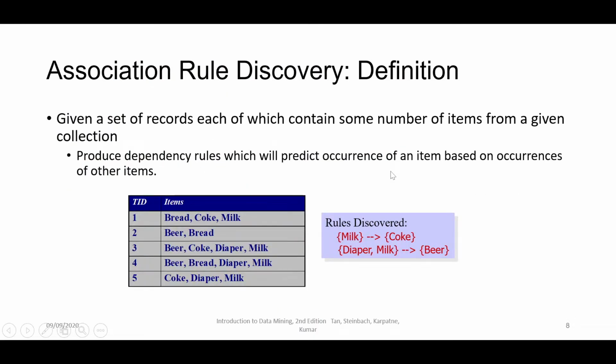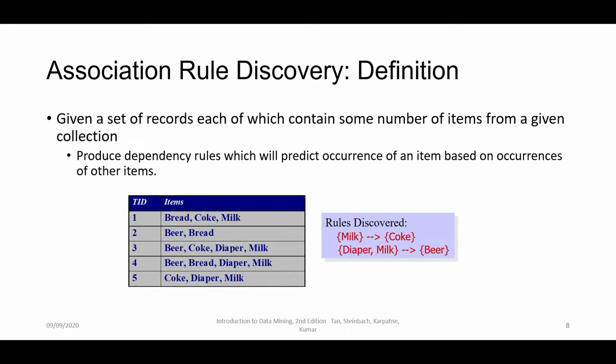Fine. Then the next one is association rules. Some rules are based on a given set of records with some number of items. According to that, we can apply some rules and get some output.